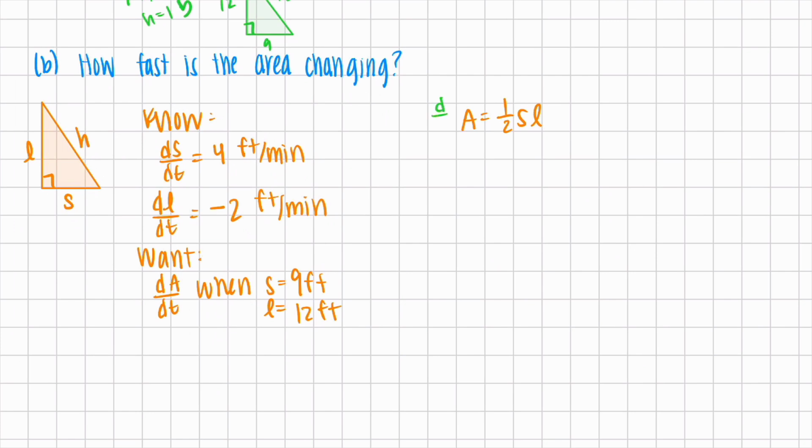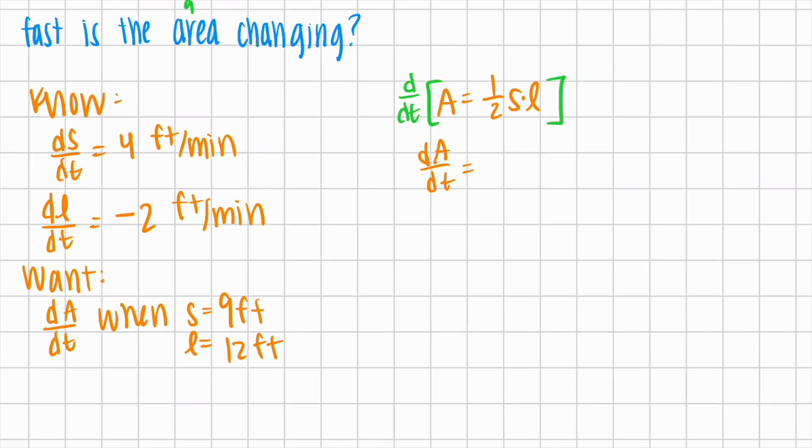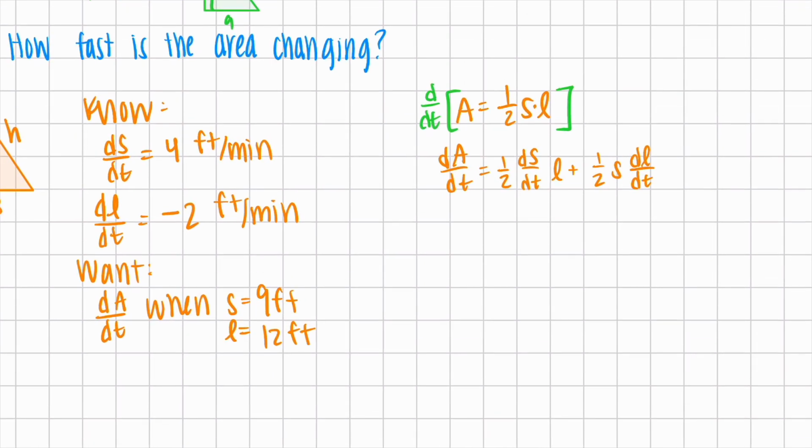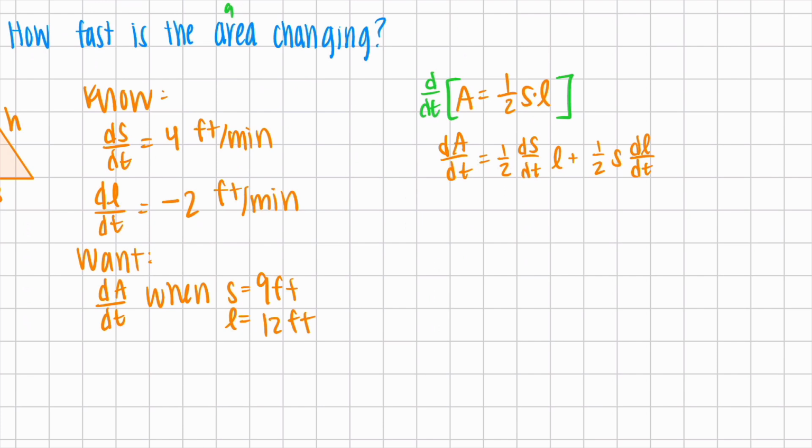I'm going to take my derivative on both sides with respect to t. We get dA/dt equals, I need to do product rule on the right side. So I have 1/2 times the derivative of s, which is ds/dt, and then I'm going to leave the s and take the derivative of L, we get dL/dt. Plug in what we know and what we want. I'm solving for dA/dt.